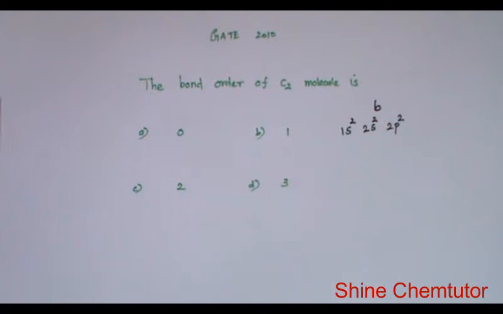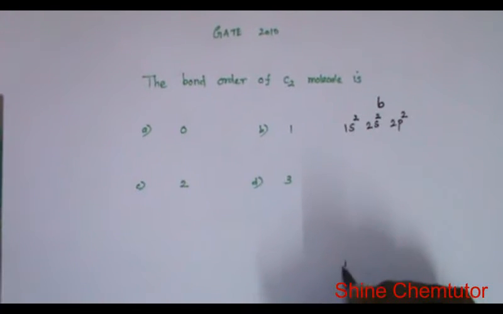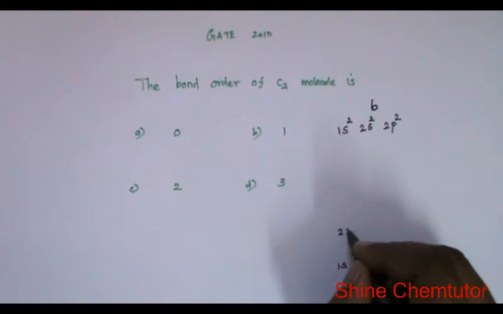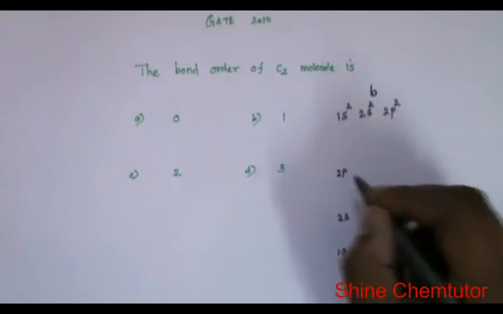Now you should know the increasing order of energy of molecular orbital. So basically it will be like this: 1s, 2s, 2p.